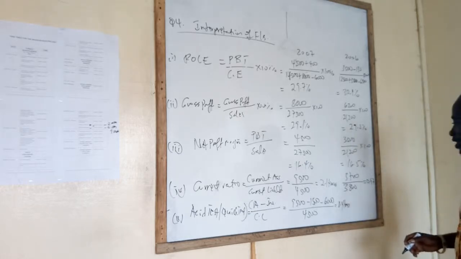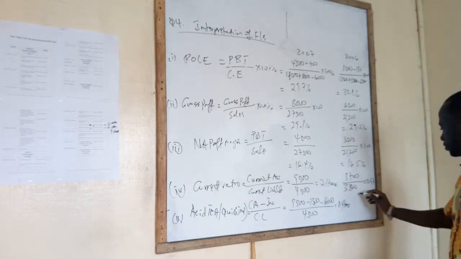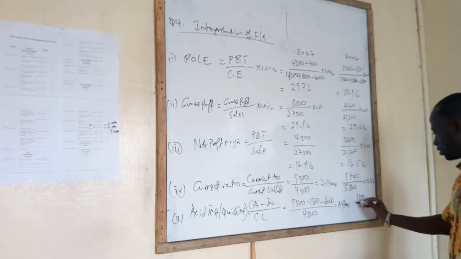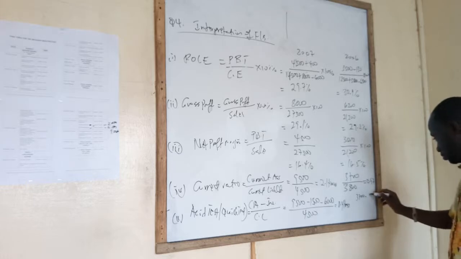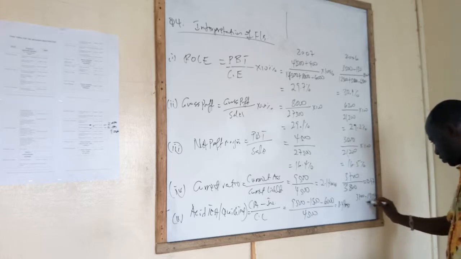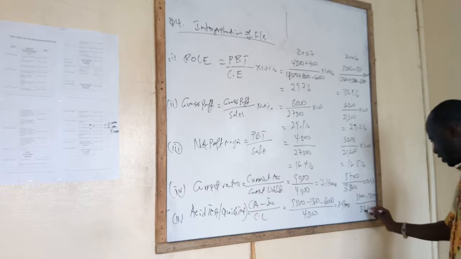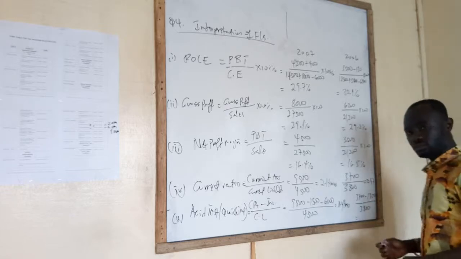What about 2006? 3,700 minus the inventory, 1,000, over 3,800. What do we have?